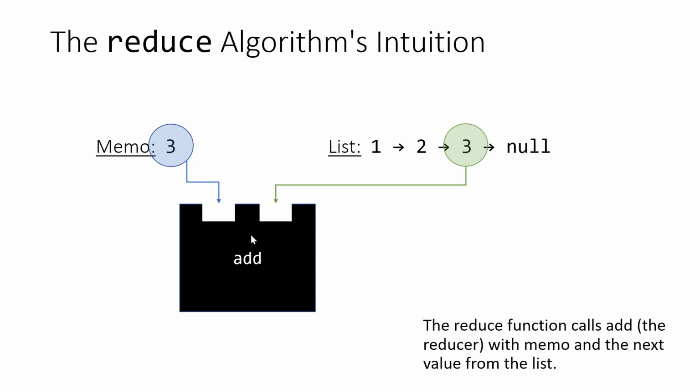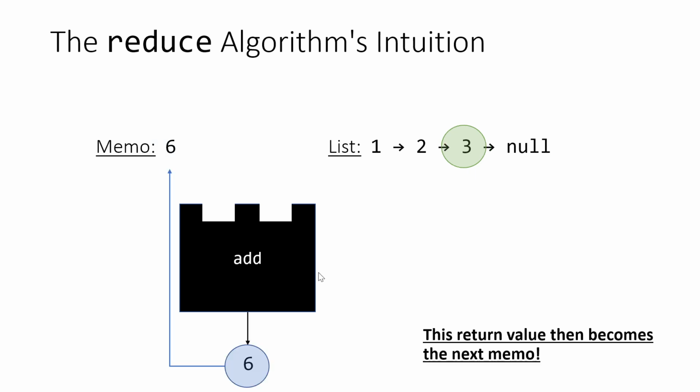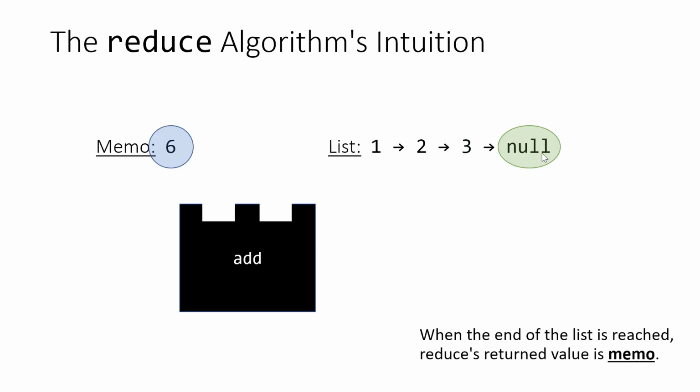It's going to be passed in as the first parameter, and the rest of the list, the first value of it would be 3. Those two values get added together. And then we have 6 in our memo parameter for the final recursive call. And when we reach the base case of this algorithm, whatever is the value of our memo at that point is the result of this reduce algorithm applied.